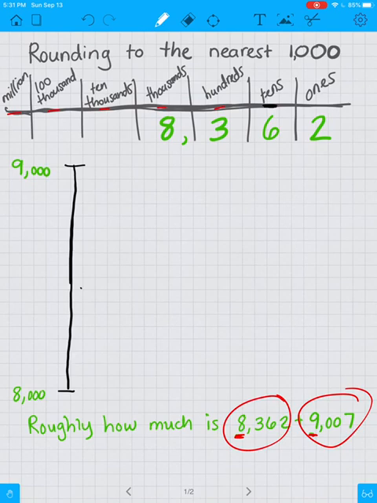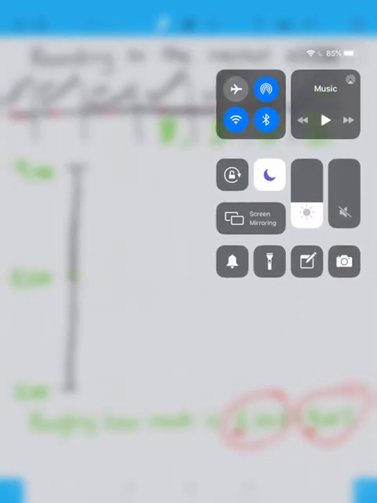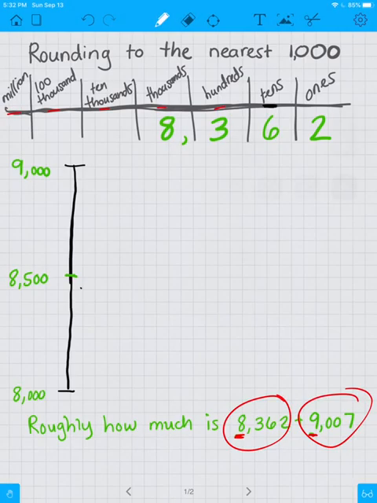In the middle of those two numbers, I know there has to be some type of 5, so I know halfway between 8,000 and 9,000 is 8,500. Now I got to place this number, 8,362.